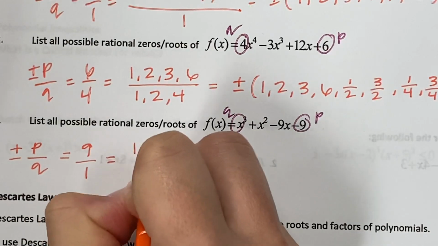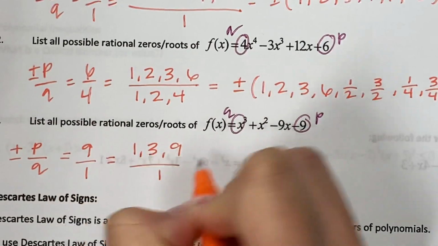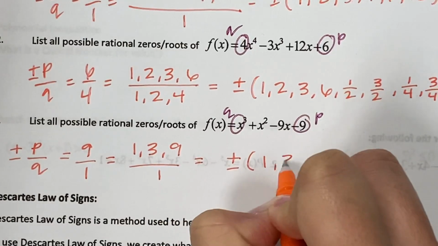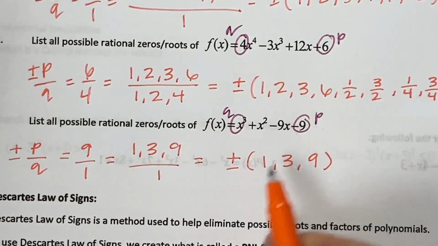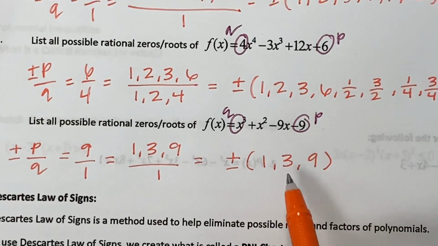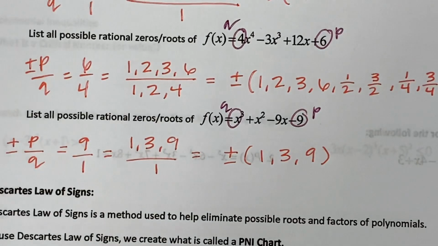So 1, 3, 9. So it's all over 1. It's just those whole numbers, 1, 3, 9. But remember, there aren't 3 options, there are 6 options because you have the positive or negative of each. Okay, so that's going to be one of the steps when we go to factor. List out all of your possibilities so you don't have to sit there and guess and check everything.